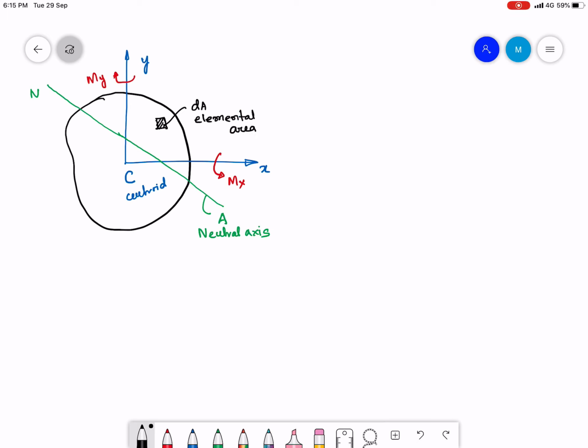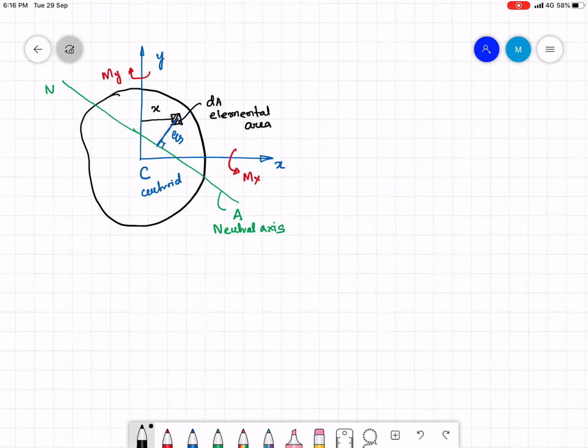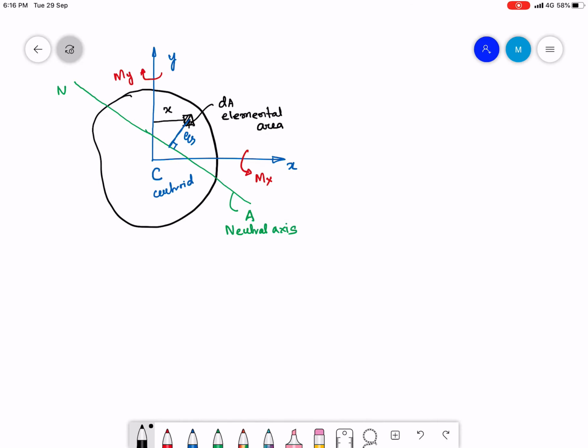The perpendicular distance of the elemental area from the neutral axis, let us call this zeta. Of course, it is at a distance x from the y axis and y from the x axis.